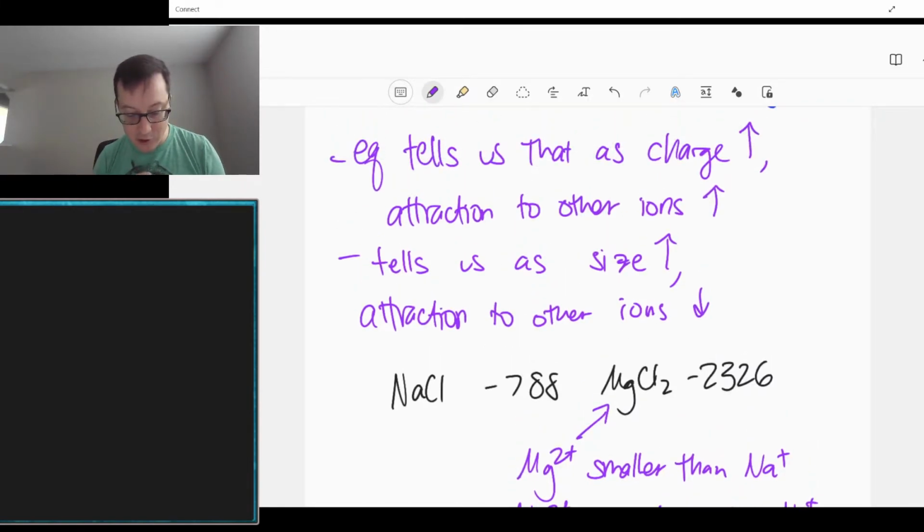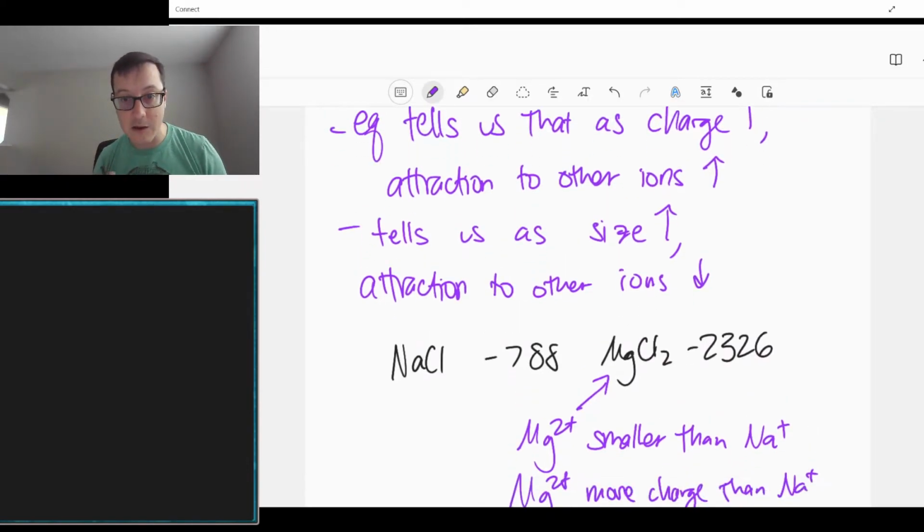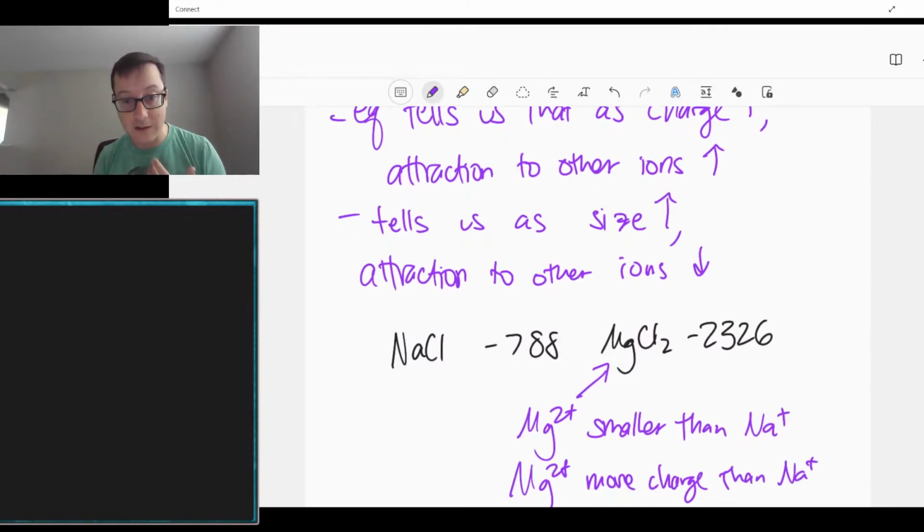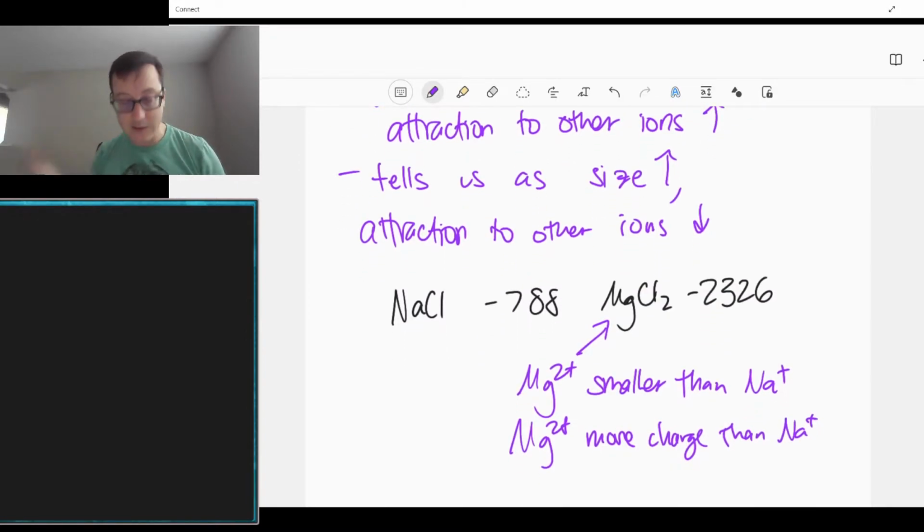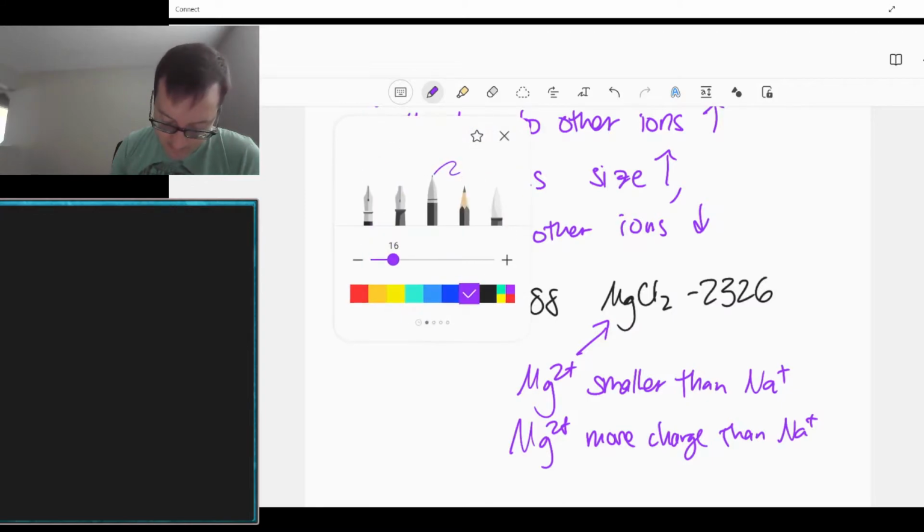And then, as charge increases, we also increase our attraction. Magnesium has twice the charge that sodium has, so we're also expecting the attraction to go up. And so, as a result, yes, we see a much more exothermic lattice energy for magnesium chloride than we do for sodium. All right. So that's the idea here.